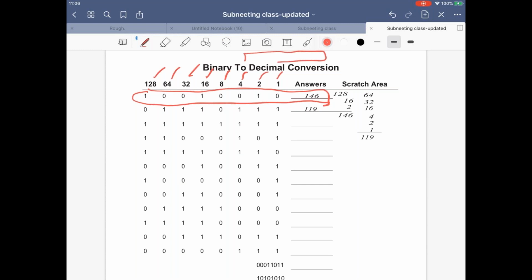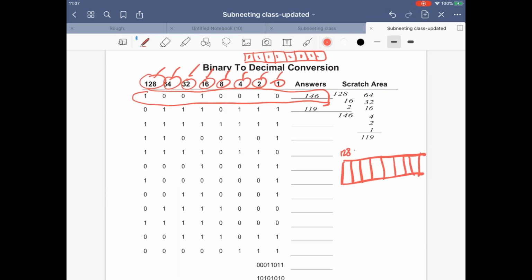It is our one octet, which belongs to 8 bits. This one belongs to 128, this one to 64, this one to 32, this one to 16, this one to 8, this one to 4, this one to 2, and this one to 1.